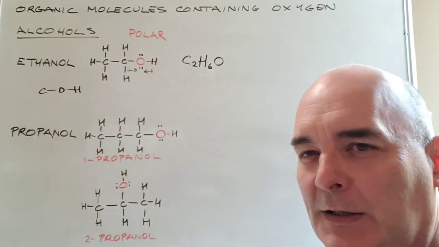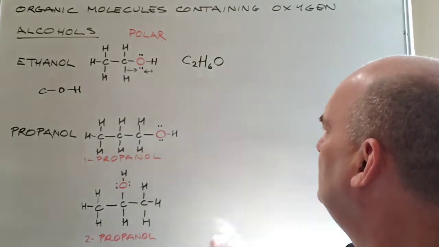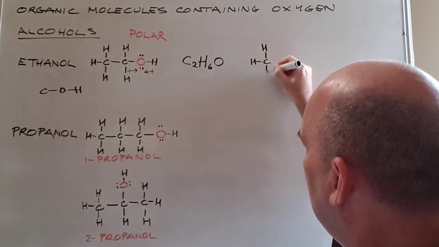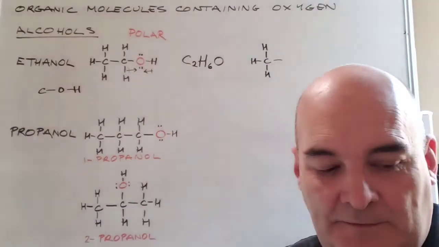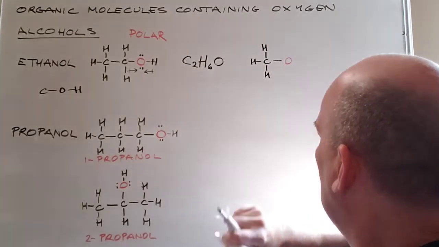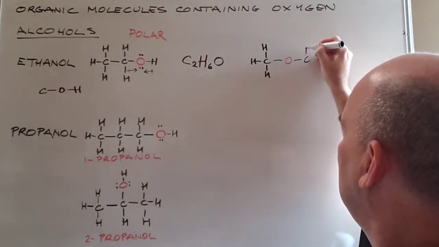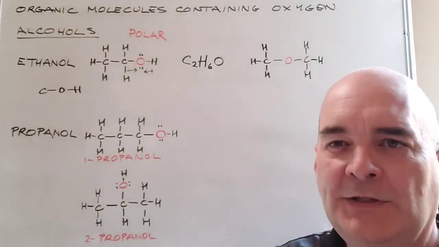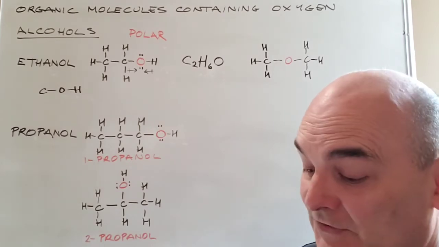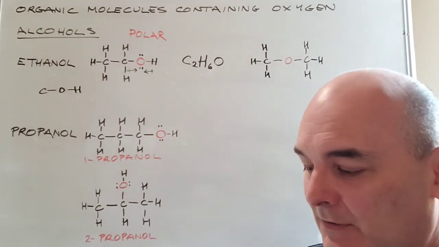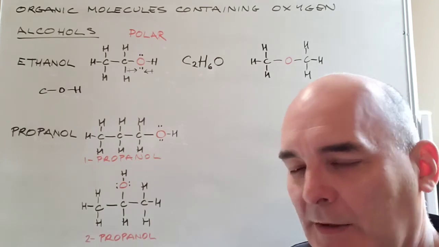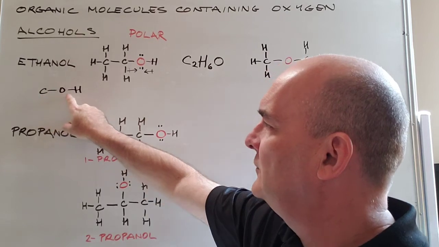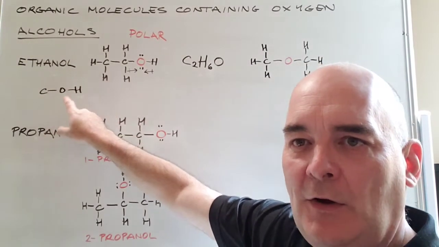If you think hard enough, you might be able to imagine this molecule. It's C2H6O, but it's not an alcohol. It's not an alcohol because it doesn't have the carbon, oxygen, hydrogen set of bonds.